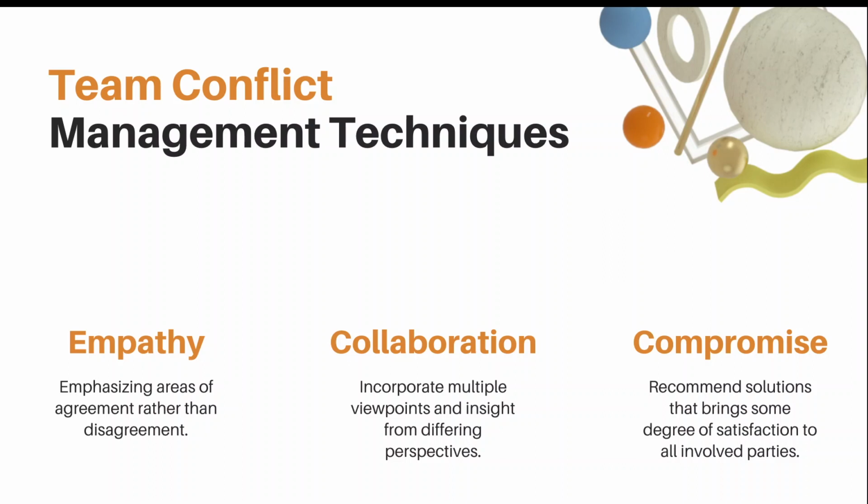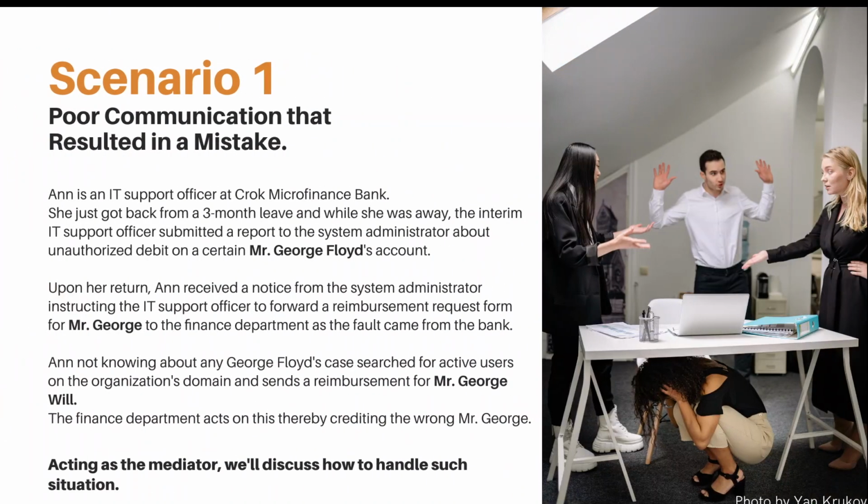Now, compromise, the third team conflict management technique that we talked about, is trying to recommend a solution that will bring some degree of satisfaction to all involved parties. Seeing that there was a way for the bank to actually carry out an unauthorized debit on a user's account, a reversal should be possible on the wrong user who was sent the reimbursement, that is Mr. George Will.